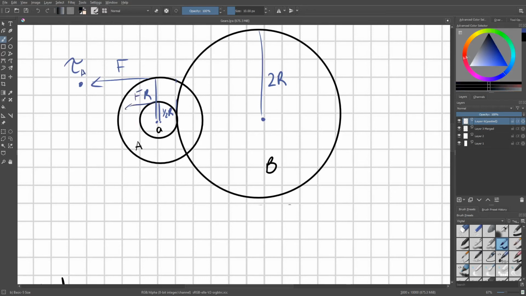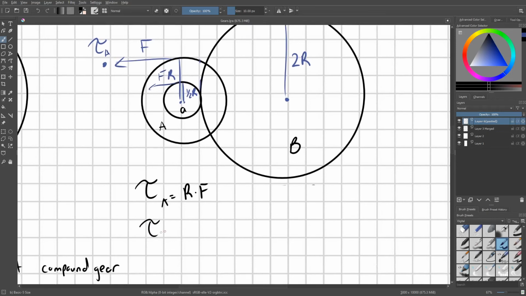So it's just simply the radius that is changing, which is going to result in a change in torque. So TA equals R times F, and T on the little a equals 1/2 R times F, right? And so we scaled the torque down.